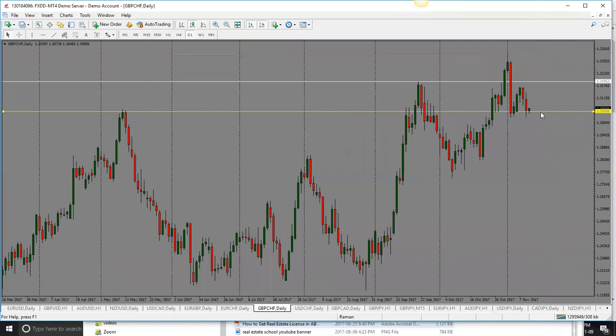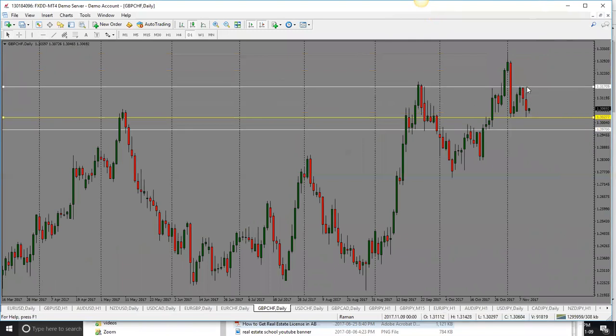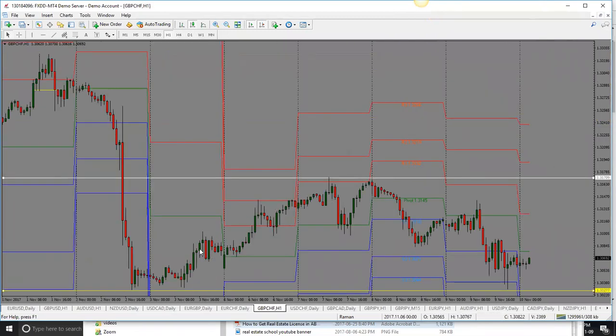Pound yen, the bias is also to the downside, but we have come into support here. So if the price gets stuck there, it may bounce off and go back higher up, because if you take a look, this has been bouncing around in this range as well. This is kind of what pound dollar has been doing, and this is what pound Swiss has been doing.